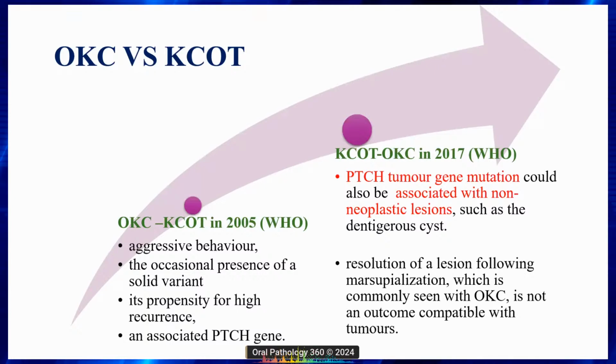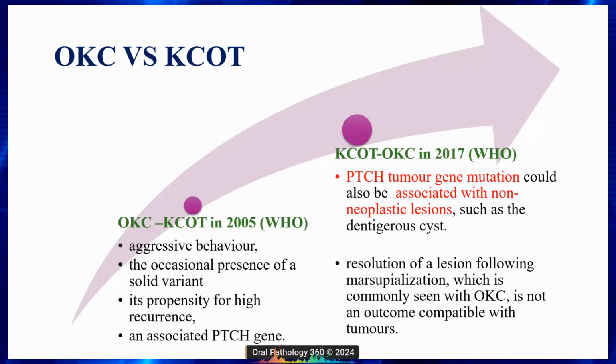So now coming to why the WHO changed the nomenclature. Initially it was odontogenic keratocyst, but WHO reverted it to KCOT in 2005 after finding out its aggressive behavior, the occasional presence of a solid variant, its propensity for high recurrence, and an associated PTCH1 gene.